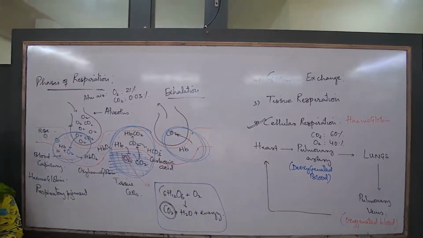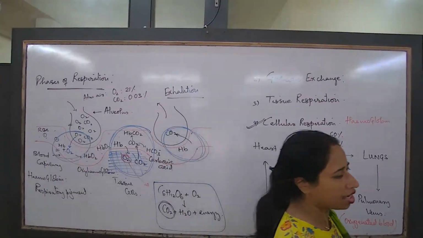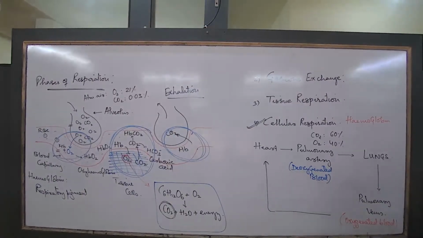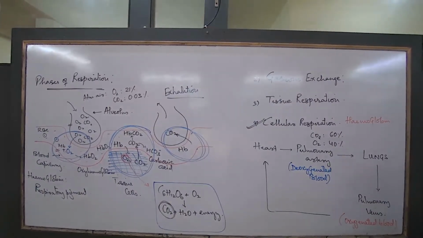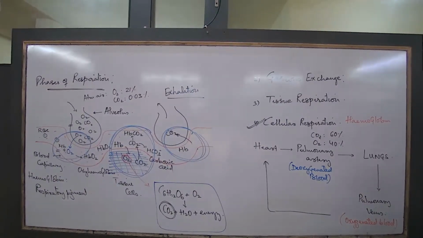The same question you get in different forms: explain gaseous exchange, transport of oxygen separately, transport of carbon dioxide separately. First 2 questions, just do them quickly in 2 minutes. Then I will give you the third one. Then we'll move on to these questions. Fast.